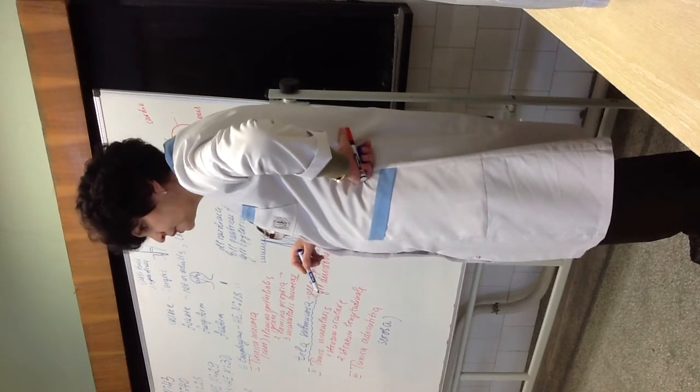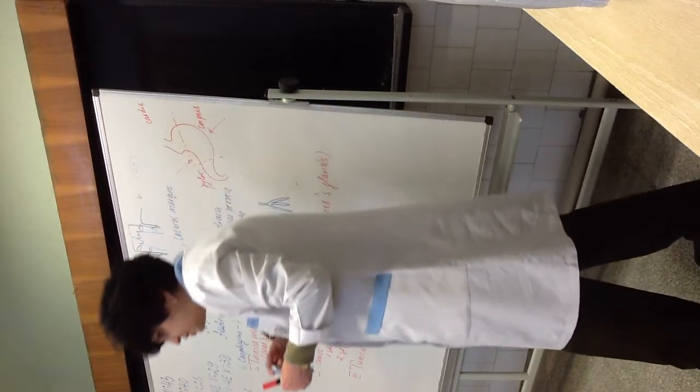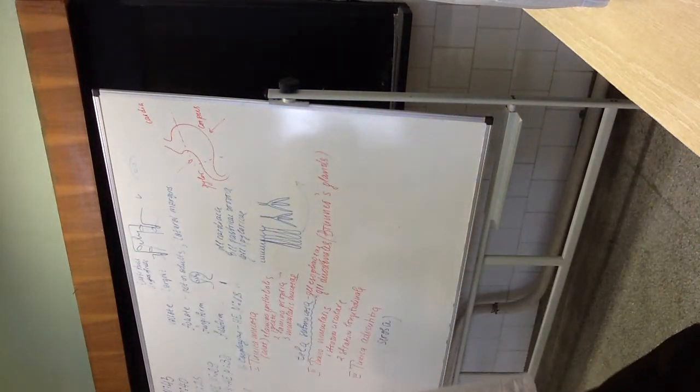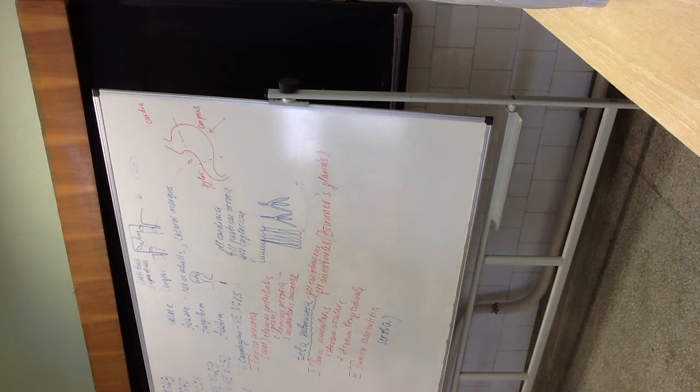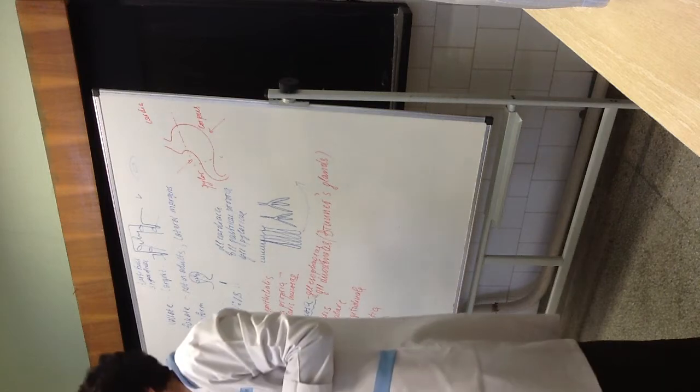They contain 4 types of cells: chief, parietal, mucus secreting, and enteroendocrine. Entero means that these cells are located in the digestive tube.